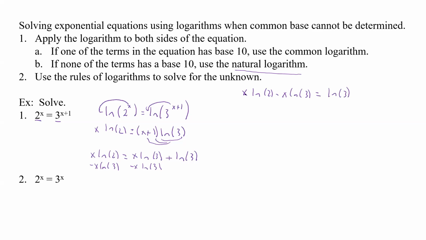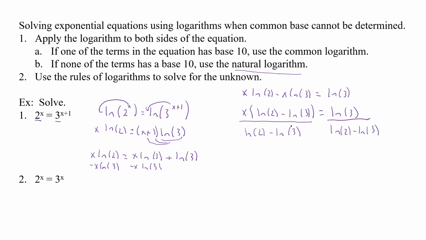Now I have x in both of these terms, so I can factor that common term out, and I have x times (ln of 2 minus ln of 3), and that equals ln of 3. Okay. Now what I can do is divide both sides by ln of 2 minus ln of 3. And so that gives me x equals this whole term here. Now, what can we do?